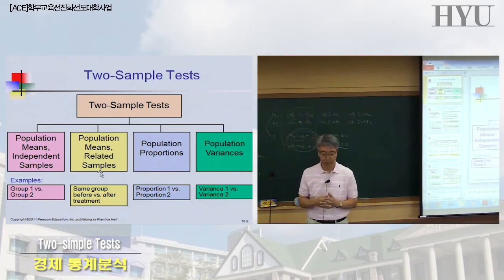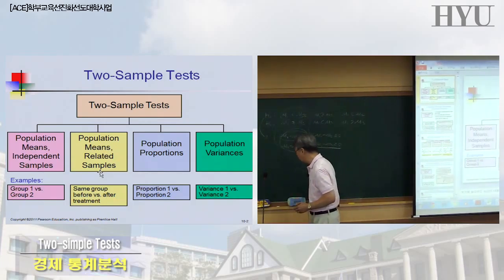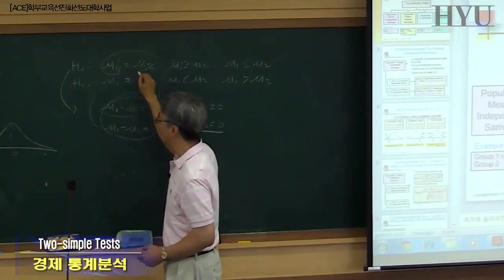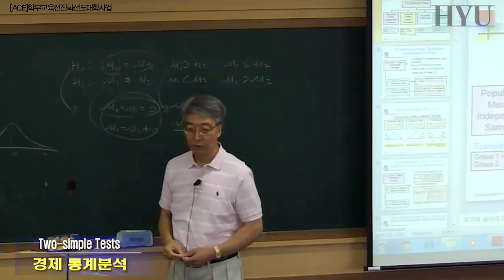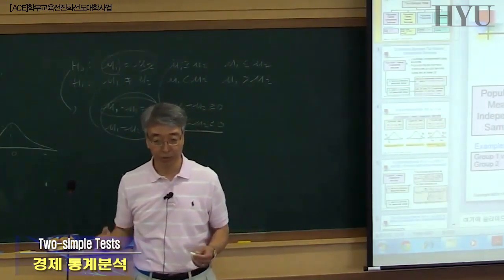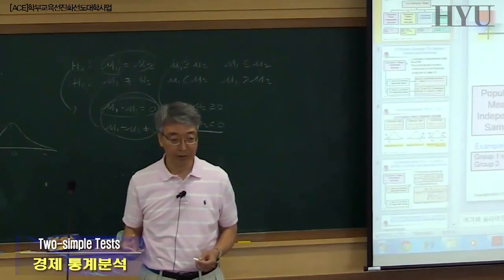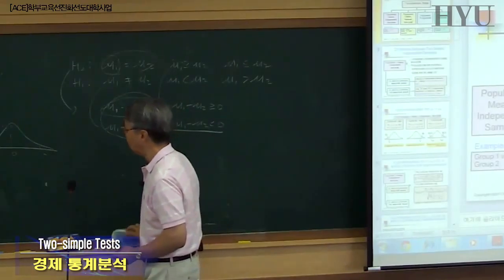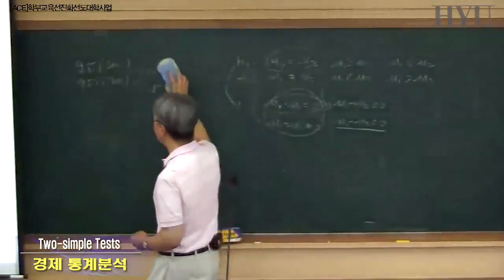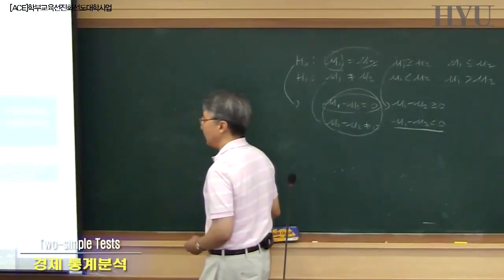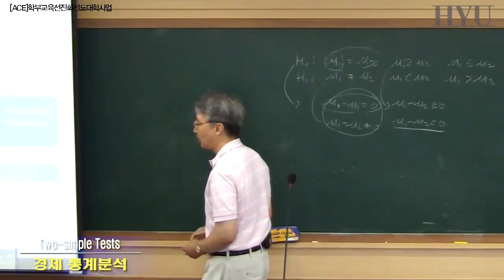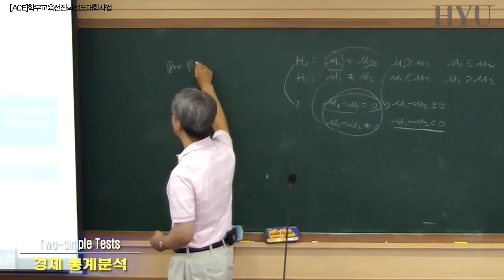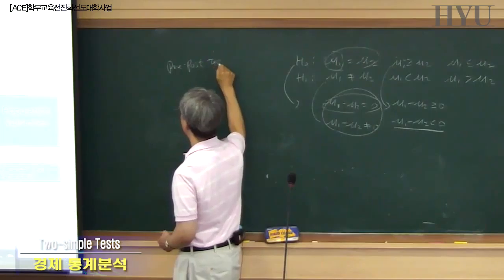So you might wonder, why would you do that? I mean, if you are trying to find out whether the two means are equal or different, right? Why would you select the two samples from one population? Okay? Well, you will see why. Just to give you an idea, in practice, many times we run a pre-post test.